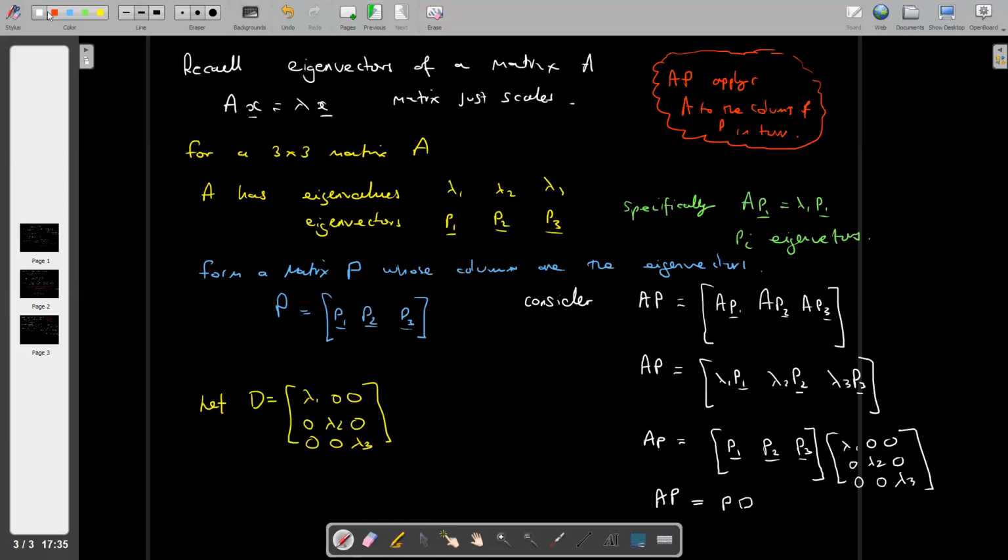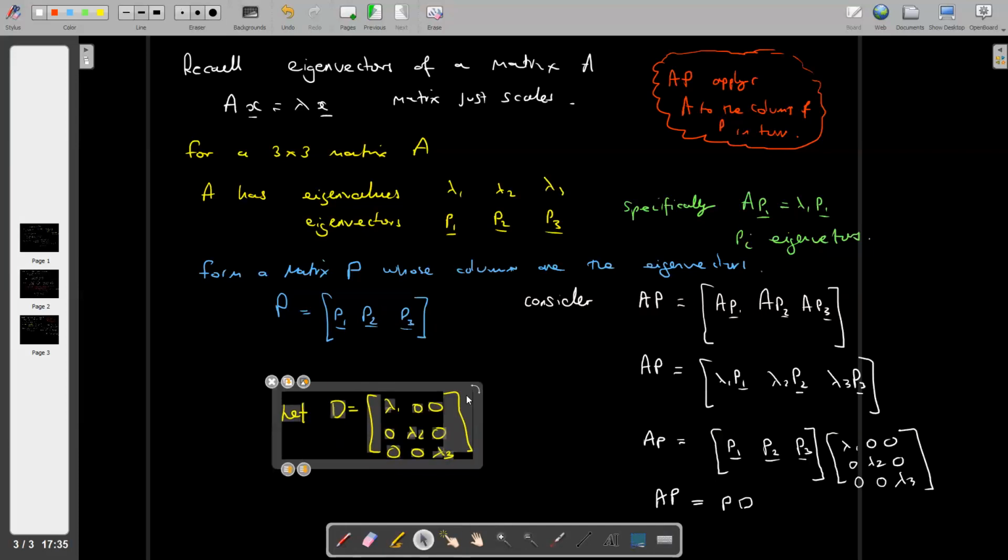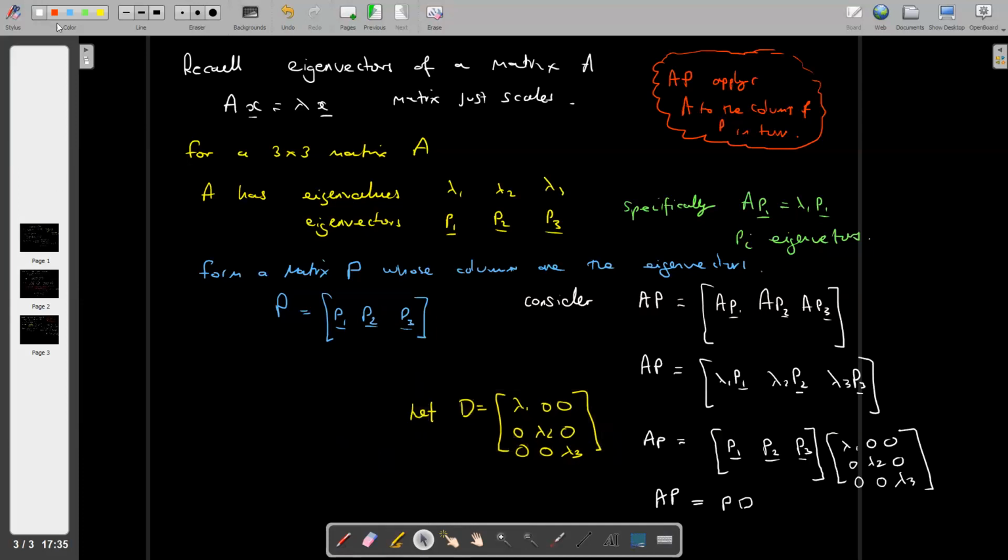Okay, so we've just got one final step now. So let me move this along a little bit so we don't have to start a new page. So finally, and here's the key part, we've got AP equals PD, but we could apply the matrix P inverse on the right-hand side.